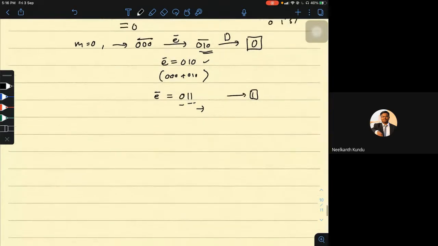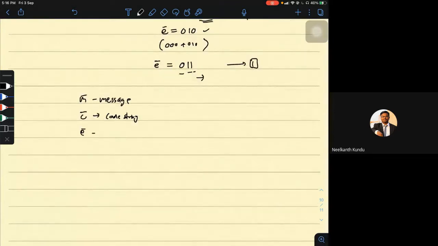So here M is called the message string, C is the code string, and E is the error string.